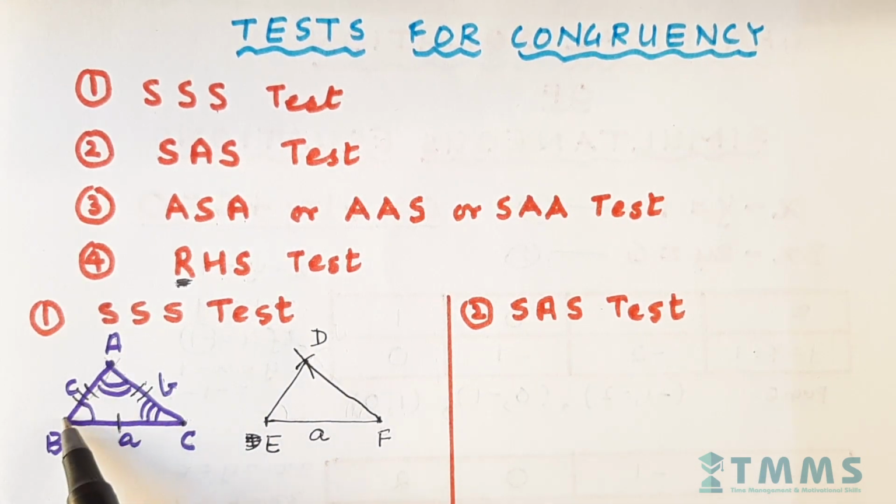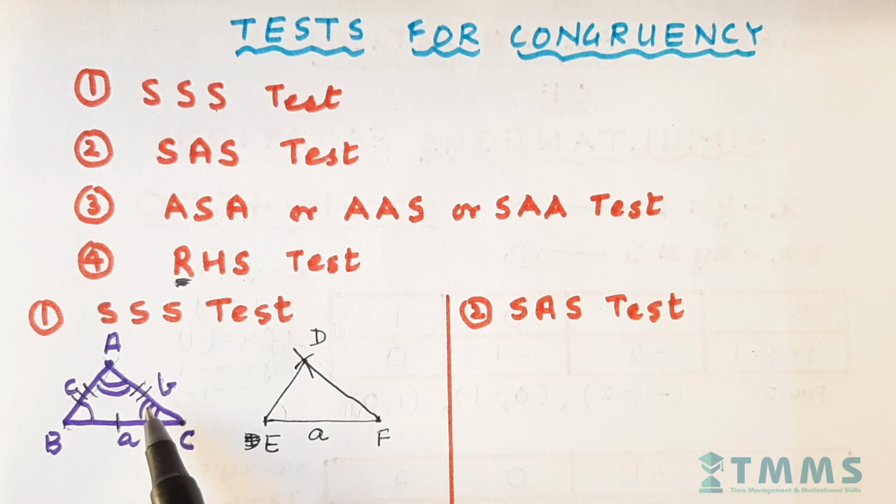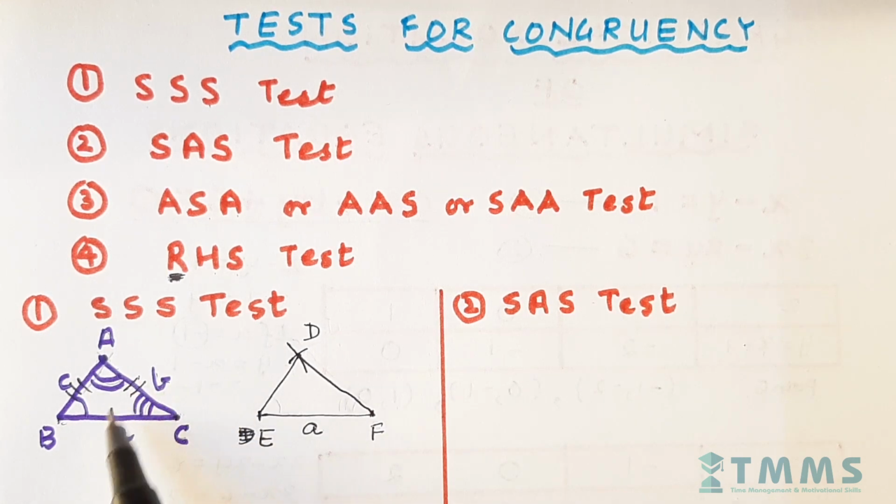In this case, we have taken this triangle ABC, and in this triangle, opposite to A is BC, which is small a. Opposite to B is AC, which will be small b. And opposite to angle C is AB, which is small c.